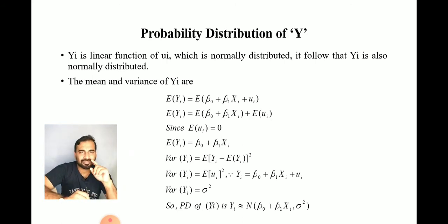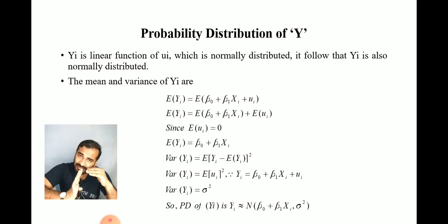Here, what is the expected value of yi? Our equation is yi equals beta 0 plus beta 1 xi plus ui. Take the expectation of this, find the average of this. So the expectation of yi is equal to the expectation of beta 0 plus beta 1 x plus u.